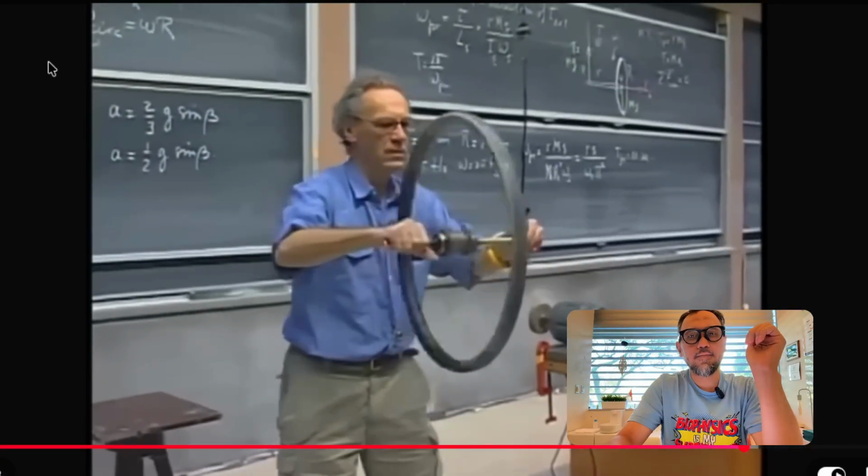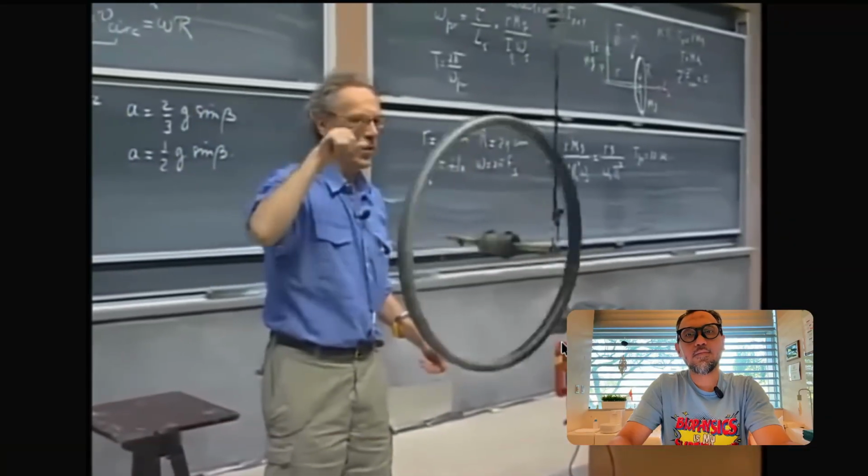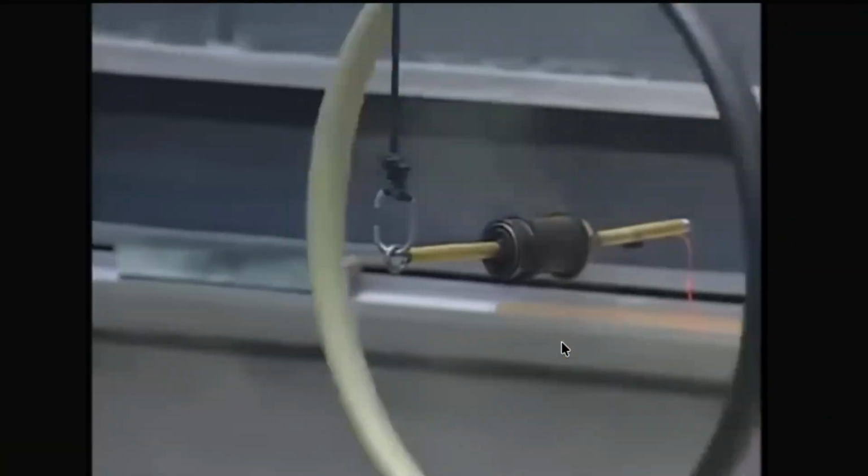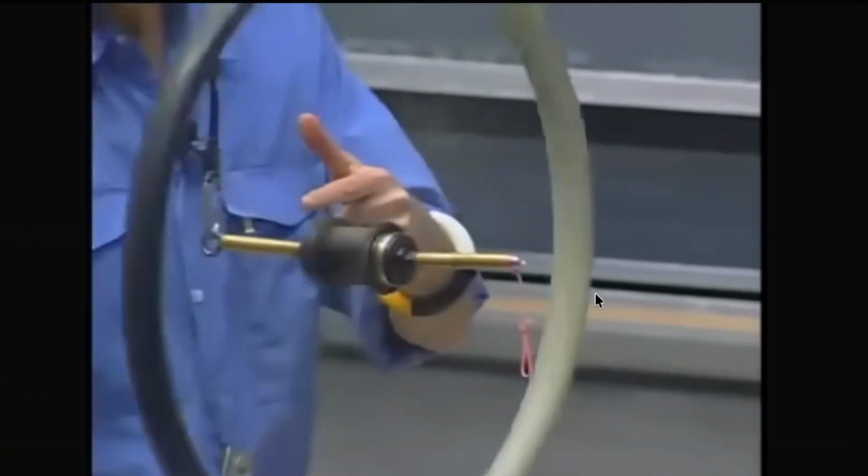It's now in this direction. See, it's turning the other way around. Angular momentum is in this direction. Torque is now like this. So I like this video, but there is a better explanation of gyroscope.